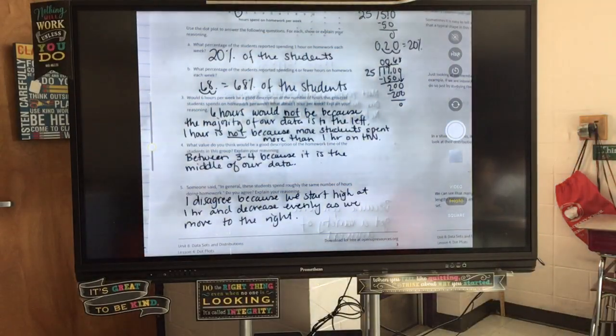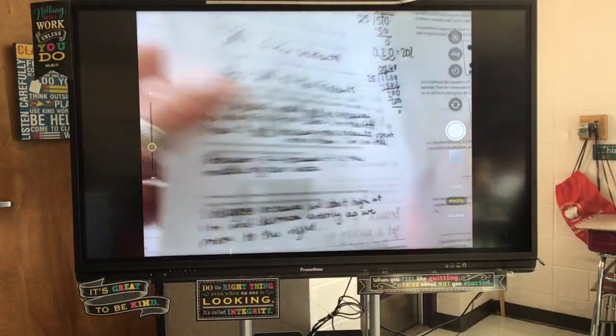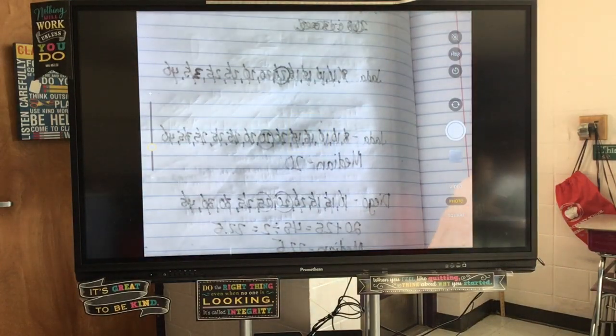So again, you're gluing this in and then you're turning the page and writing lesson 4 cool down.